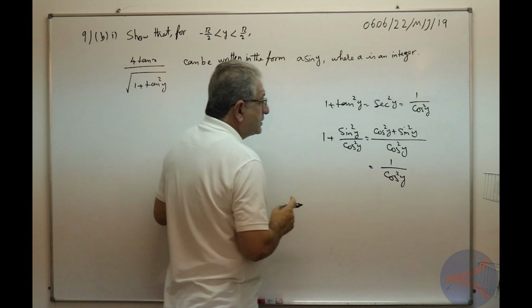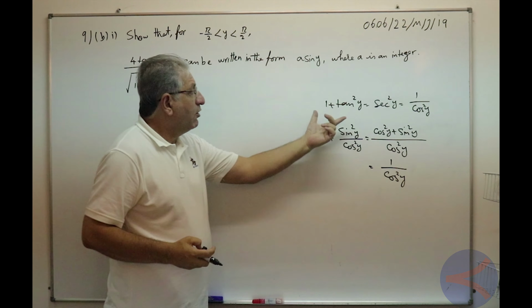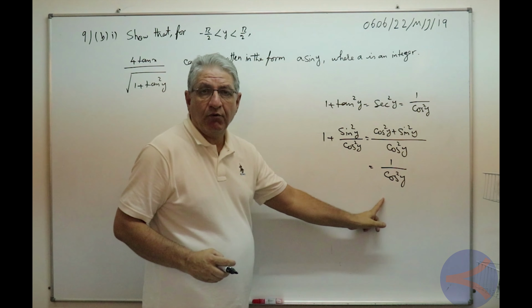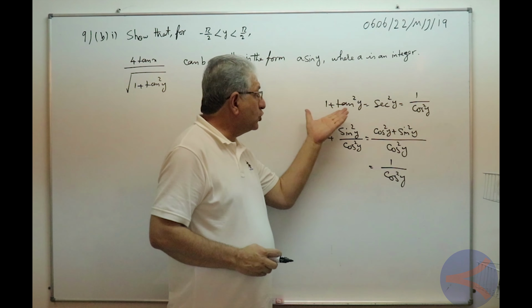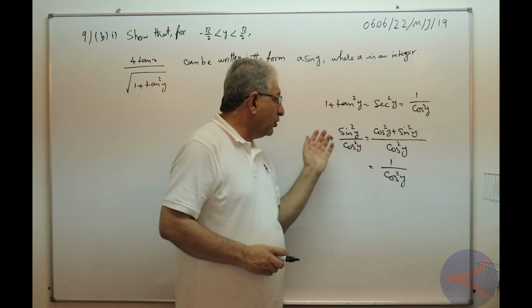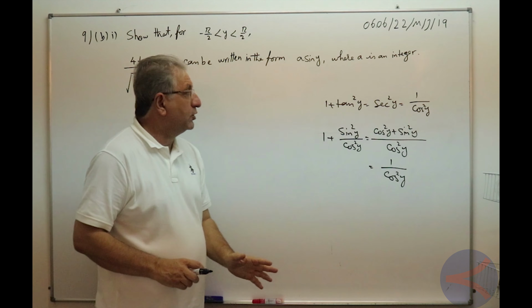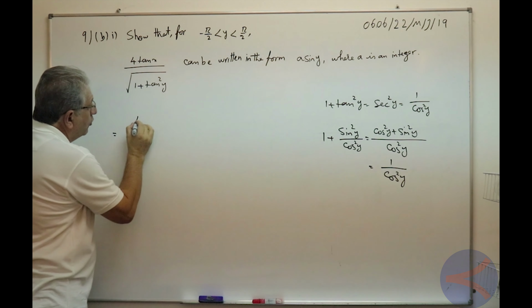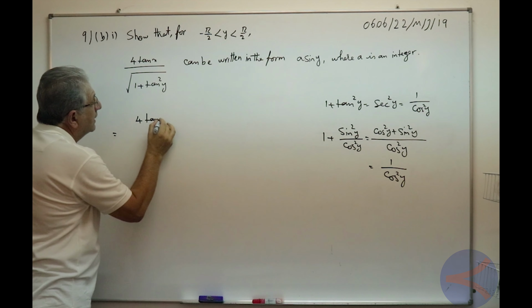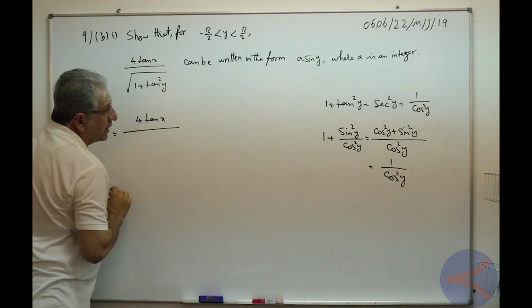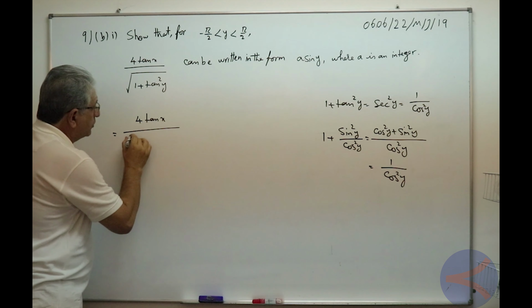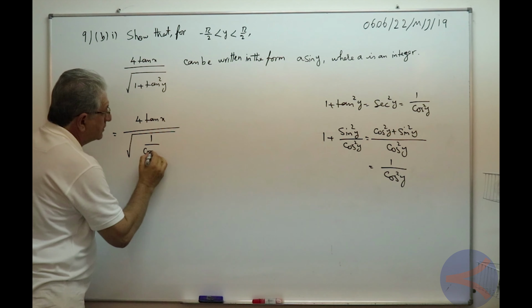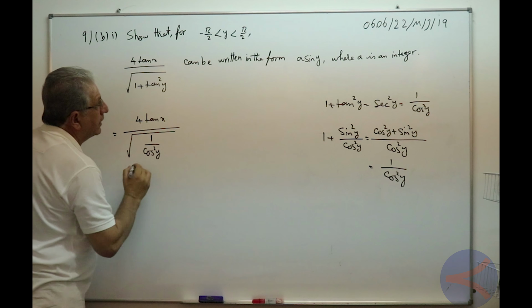Therefore the main point is that you have to understand 1 plus tan square of y is equal to 1 over cos square of y. Either you know it by this formula, or you can prove it like that, doesn't matter. Anyhow, this expression is equal to 4 tan y divided by the square root of 1 over cos square of y.